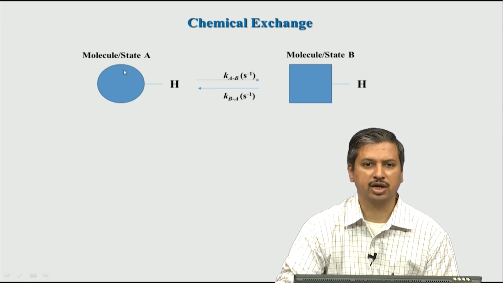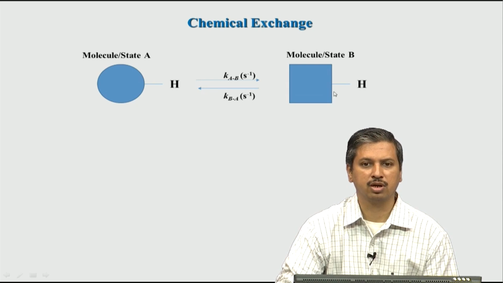Now suppose this molecule undergoes a change to another molecule, which may be the same molecule or a different structure or different molecule. There the same hydrogen is now represented like this, and we can label it as state B.